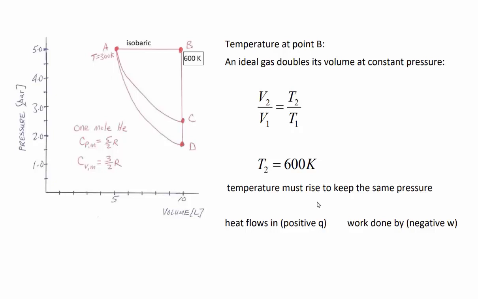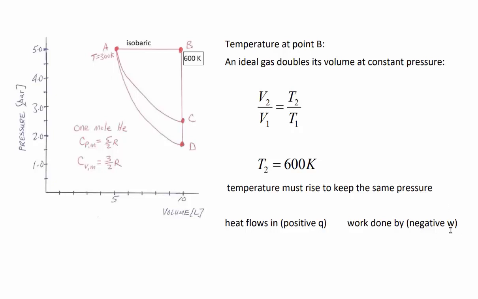Think also about the heat and work done in this process. Heat would flow in. We would say a positive Q, according to our convention. Heat would flow in, and work would be done by the gas. Whenever you're expanding, the gas is pushing back against the atmosphere and doing work on the outside. So the work is being done by the gas.